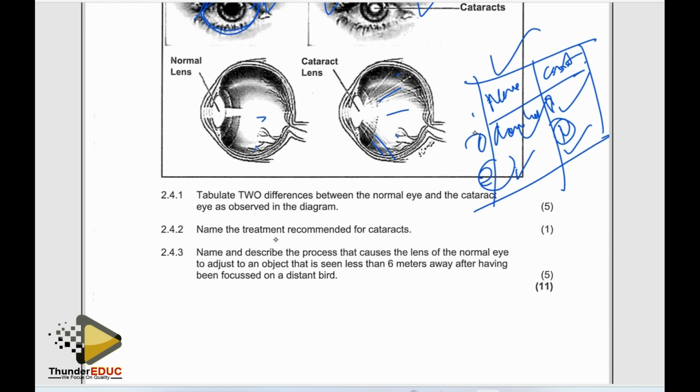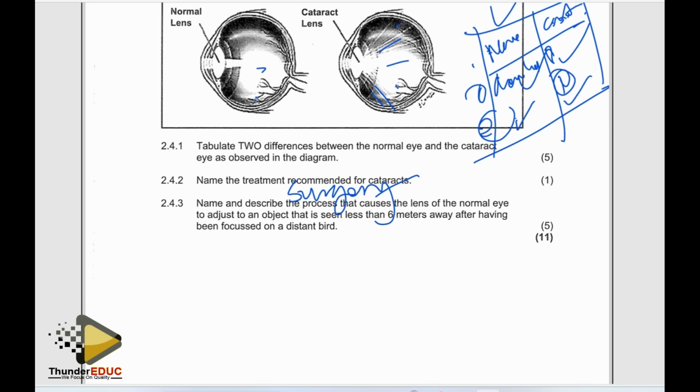Name the treatment. This one is surgery. Yes. Name and describe: when you say name, you just have to name and then you get the mark. Name and describe the process that causes the lens of the normal eye to adjust to an object seen less than 6 meters away after viewing a far object. So you are going from a far object to a nearby object.